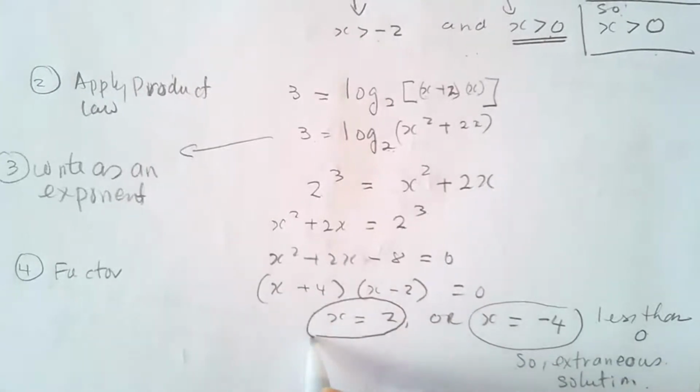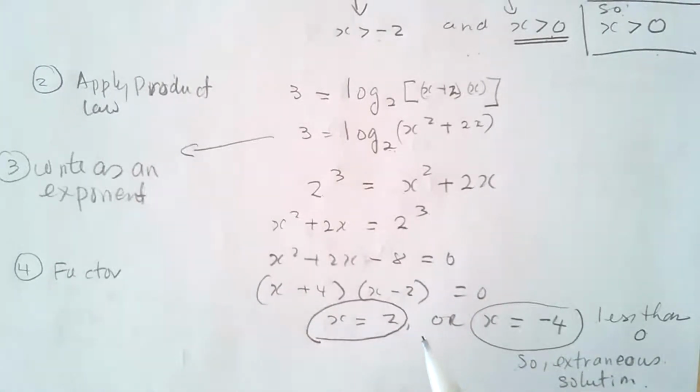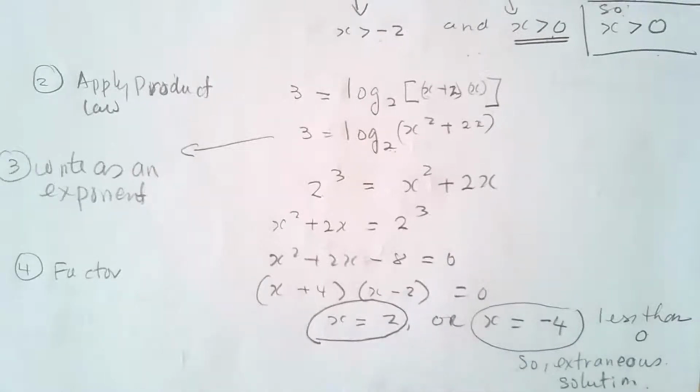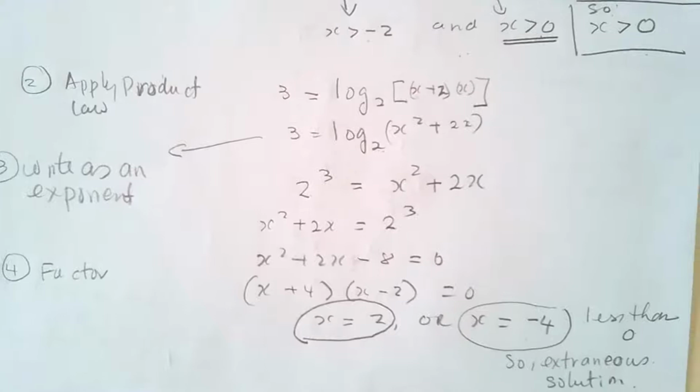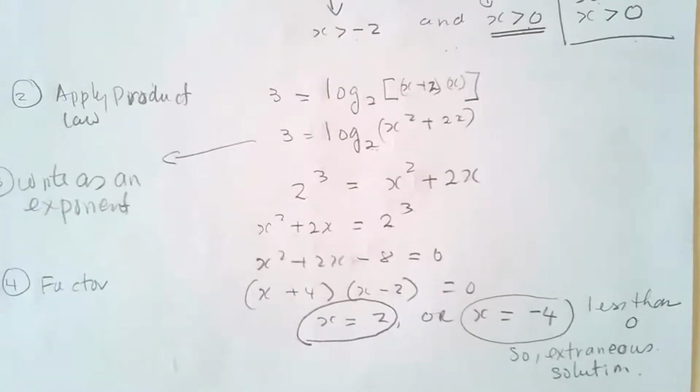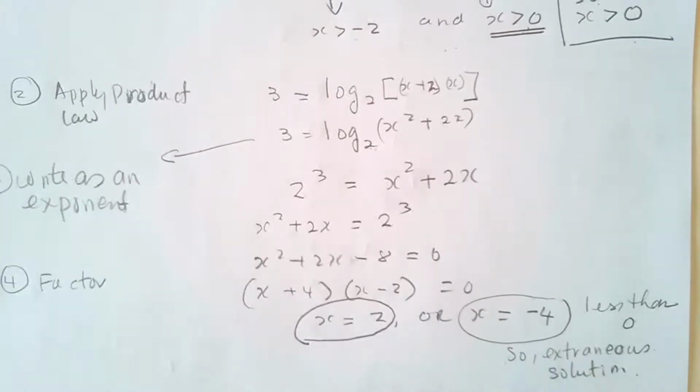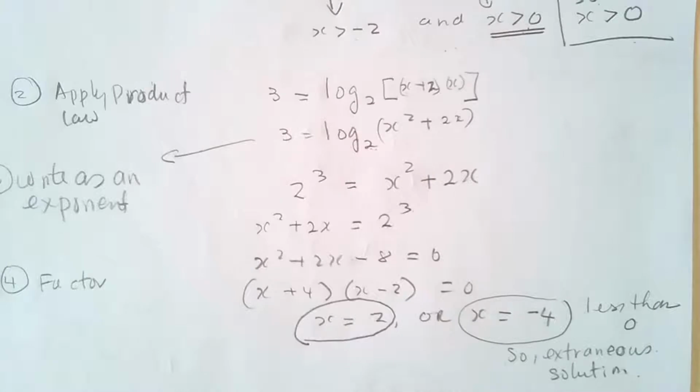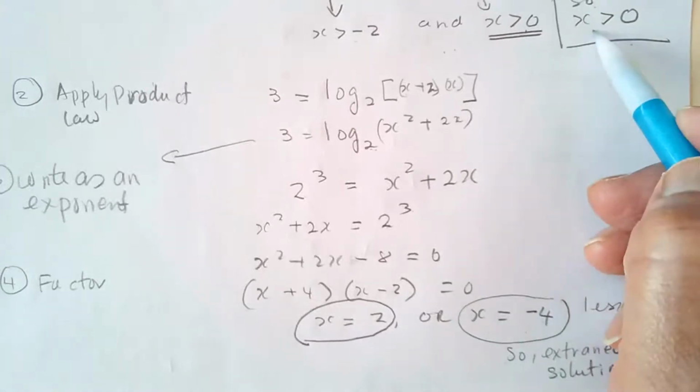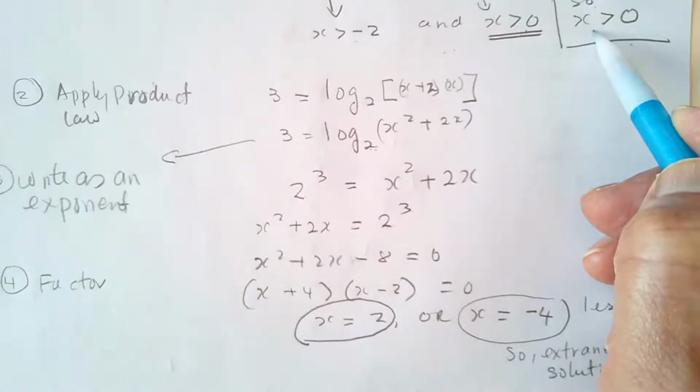So this is your final answer. X equals 2 because x equal -4 is extraneous. It is less than 0.